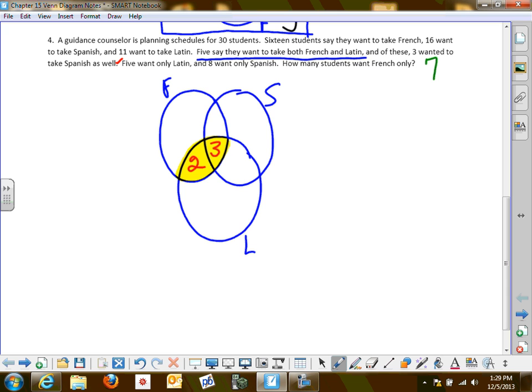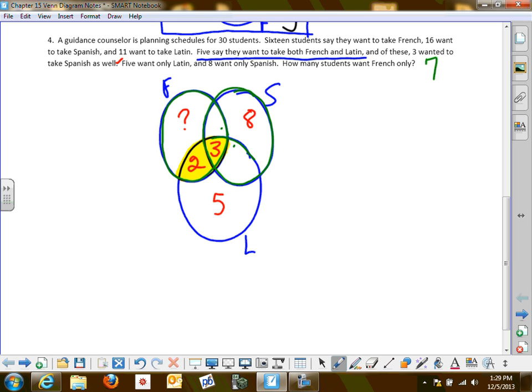We go here, which says 5 want only Latin, 8 want only Spanish. So how many want only French? Okay. So then, when you're looking at this, you can see that if you look at the French circle, it has 2 unknowns. When you look at the Spanish circle, it also has 2 unknowns.